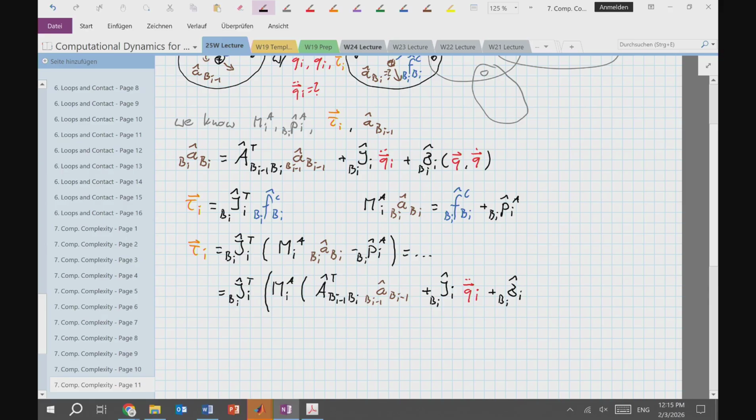Again, a spatial quantity. So this now covers my BI, and then I have here minus the bias forces of the articulated inertia, so of articulated inertia i in BI coordinates.